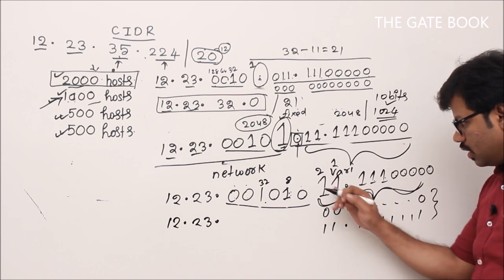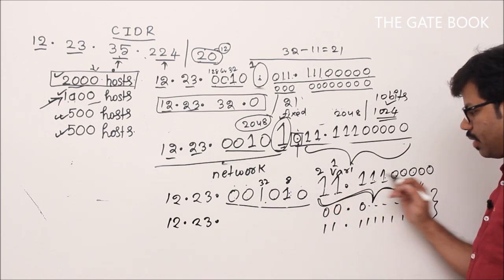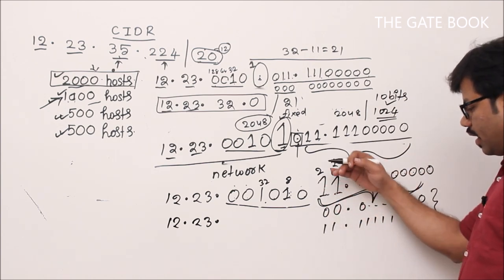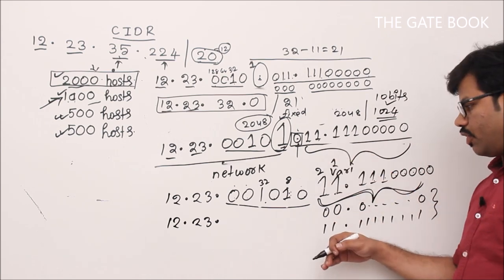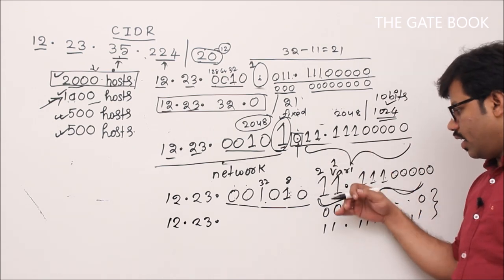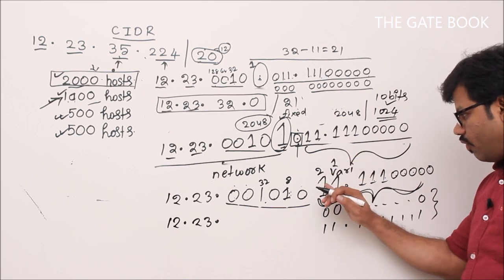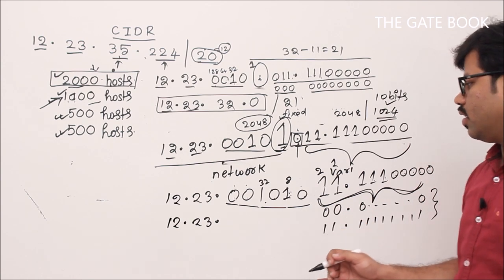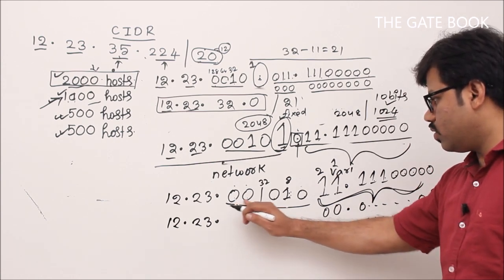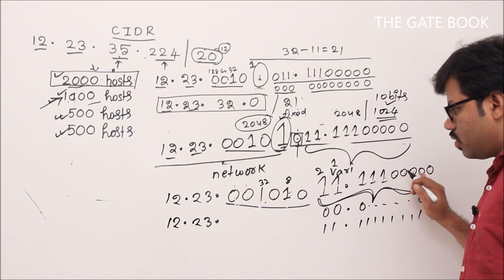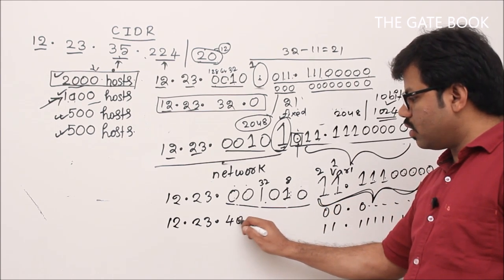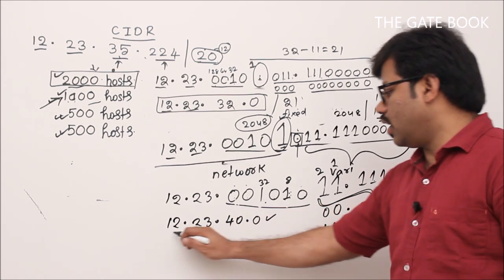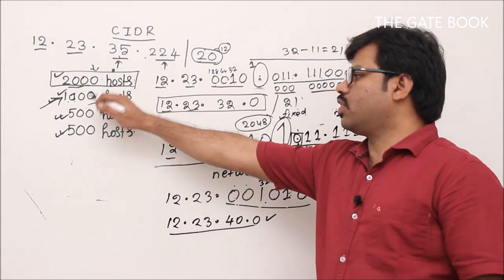And if you focus on this part, these 2 bits and these 8 bits are going to be the host part, and they can be varied from 0 to 255, correct? I mean more than that. But what I want to say is, if I keep all these bits in the host part zeros, you are going to get the network address, right? So the network address will be 001010 and all zeros. Then that will become 40.0. So this is going to be the network ID for this network, 1000 hosts.